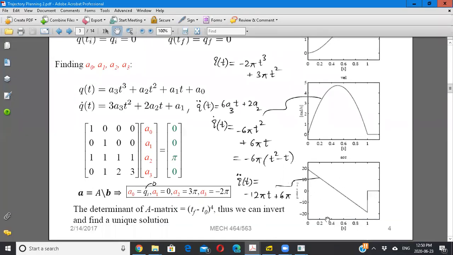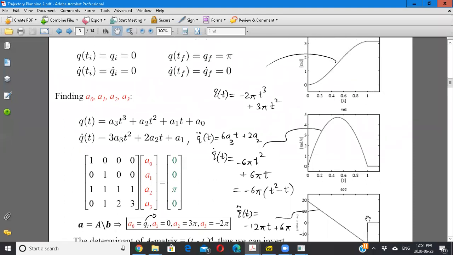So now the problem is, you started from here with extremely high acceleration because you have to reach somewhere in a very short amount of time, and then you were supposed to stop there.